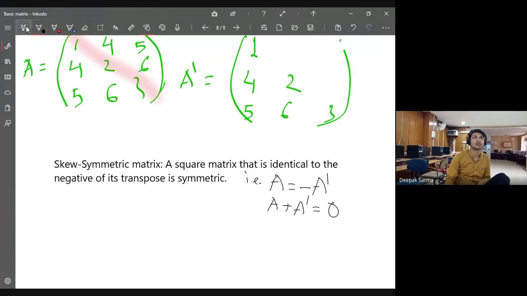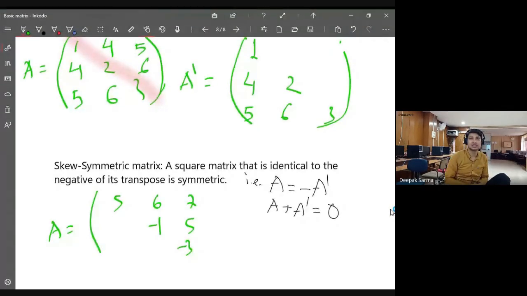Now let us try to look at the structure. Suppose A is something of this type: 5, 6, 7, minus 1, 3, minus 2, suppose 5. If the matrix is skew-symmetric, what should be the entries here?